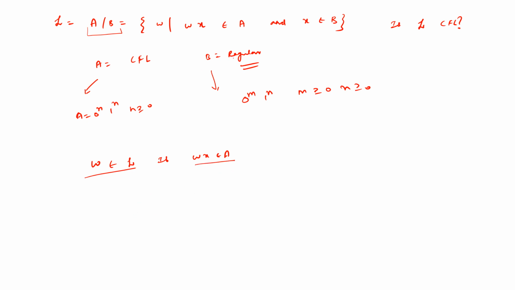B is regular, meaning corresponding to B there is a set of strings accepted by that language. So there is a string and there is a common part which belongs to both. That's the question.